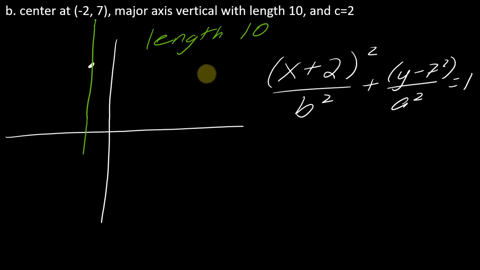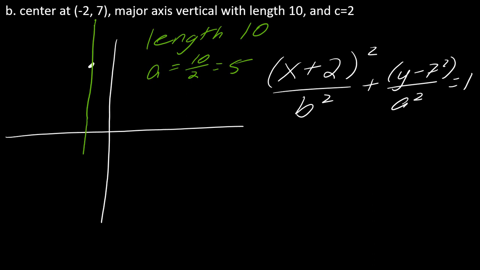If the major axis is vertical, the a has to fall underneath the y. Also, the length is 10, so if I break that in half, my a is going to be 5.